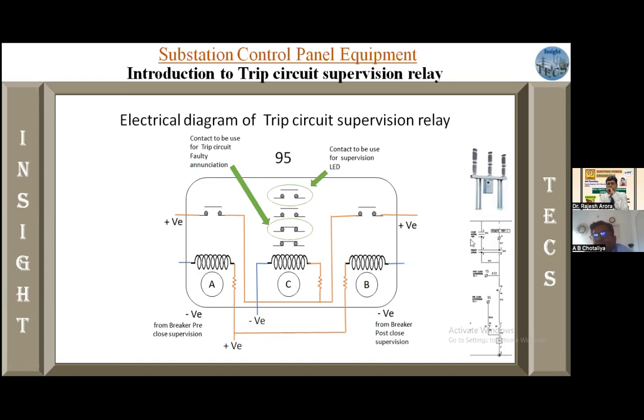The breaker always has negative in its tripping coil, and after the auxiliary switch of the breaker, here is the contact for pre-close supervision, which will be connected to our pre-close supervision coil here. Now the positive is here, so this coil will be energized, and due to that the C coil will also be energized. So this is how the trip circuit supervision relay works.